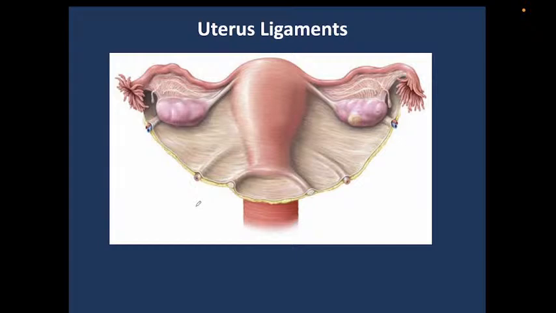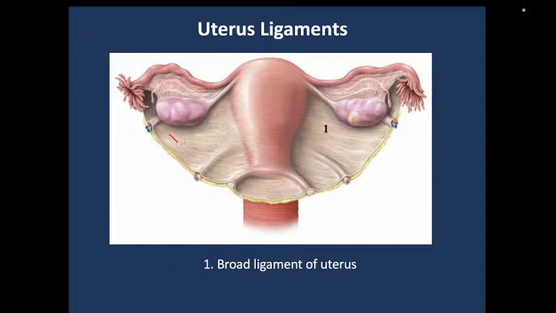The uterus is fixed by ligaments, and this organ has its own ligaments, and you see one of the largest, called the broad ligament of the uterus.